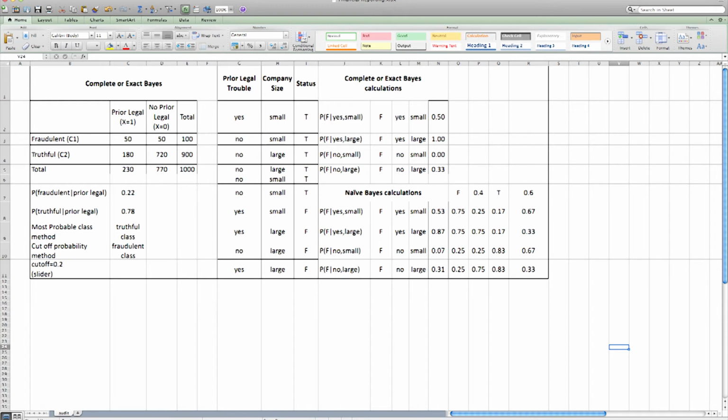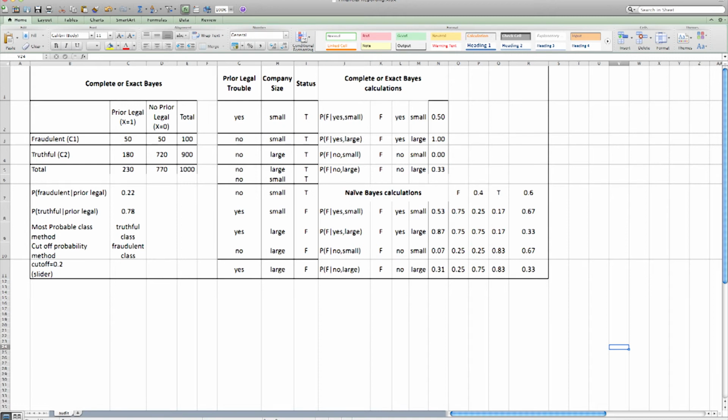So 50 fraudulent reports had prior legal trouble, 50 fraudulent reports did not have prior legal trouble, 180 truthful reports had prior legal trouble, and 720 truthful reports had no prior legal trouble. So this is the hypothetical example that we have, and then totals for all these scenarios have also been done.